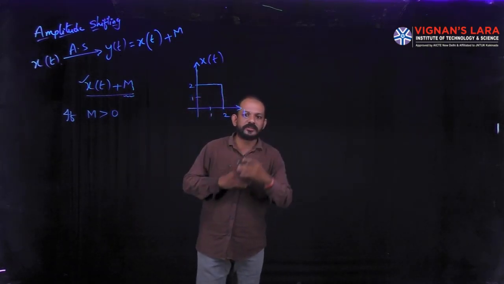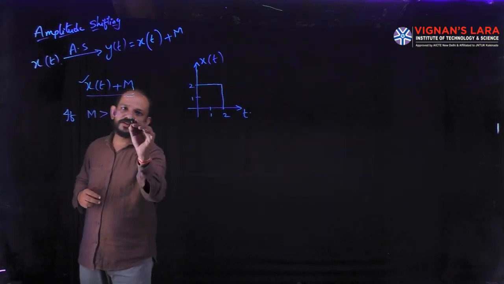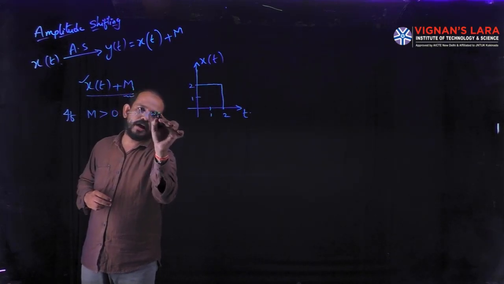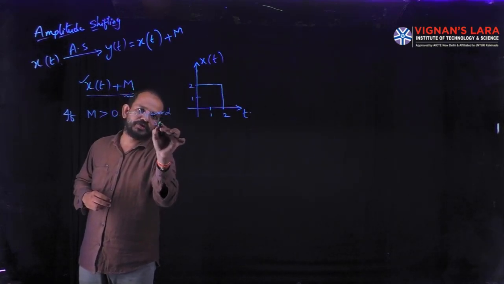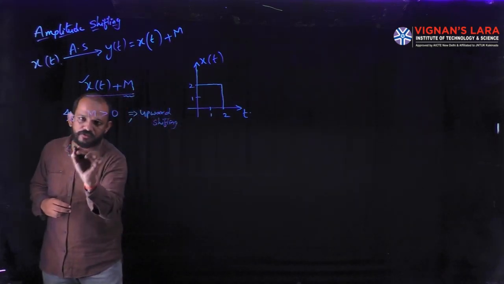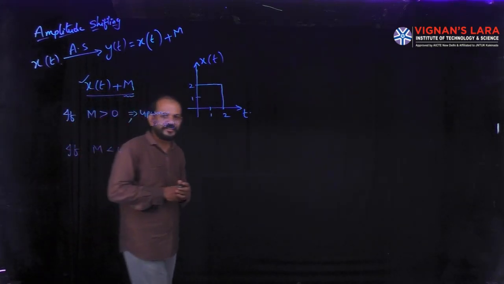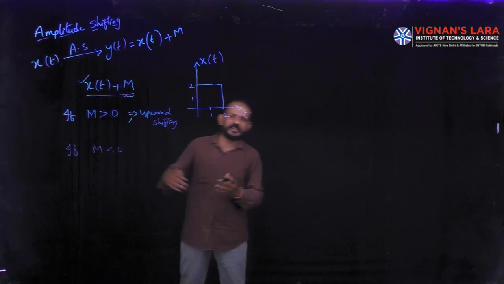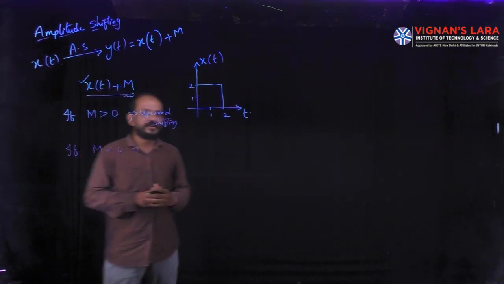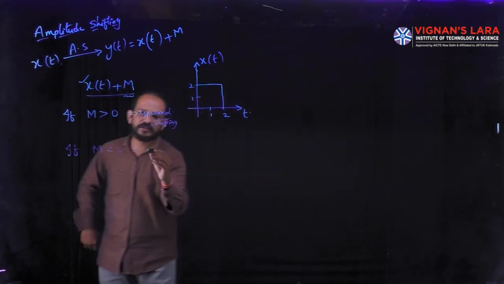That type of shifting is called upward shifting. If M value is less than 0, that is negative, minus 5, minus 10, minus 15, that will shift the signal downwards.